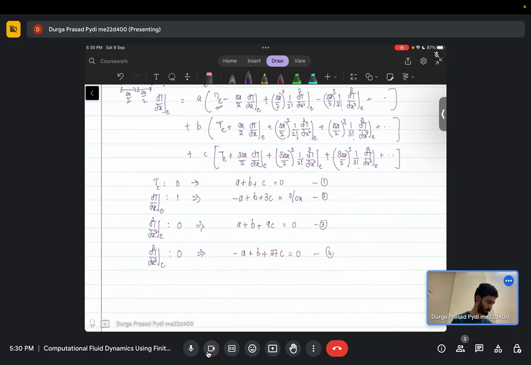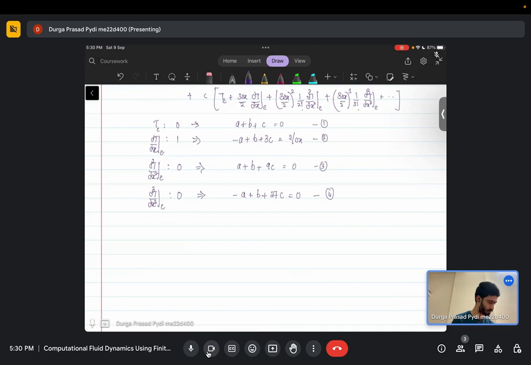So if you just take these three equations, say 1, 2 and 4, we have b plus 27c equals a, which gives us 2b plus 28c equals 0.